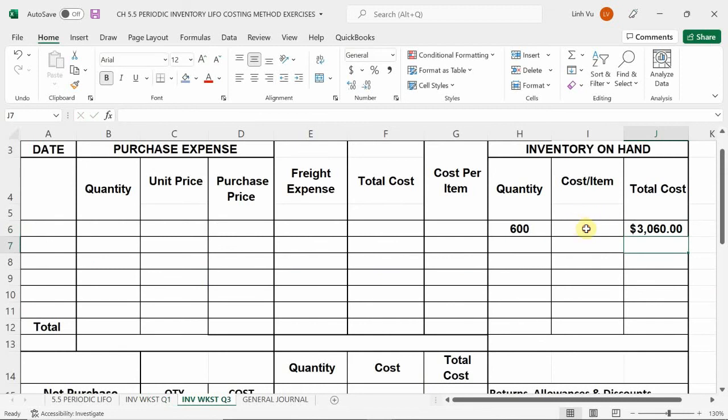Now in this case, you can solve for your cost per item again here, which is still 5.10, because you're carrying the information from your previous worksheet into the next one. And this right here is going to be your beginning inventory.